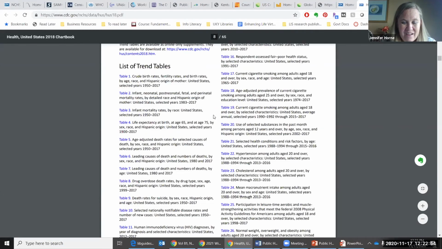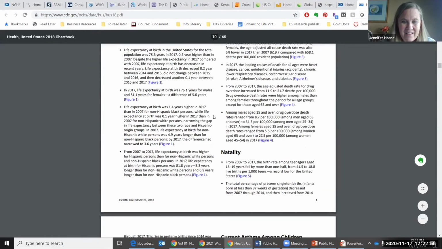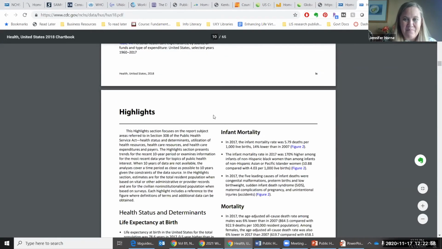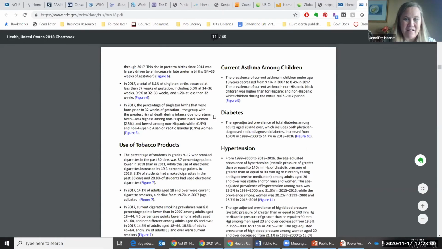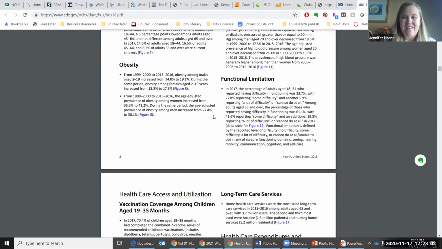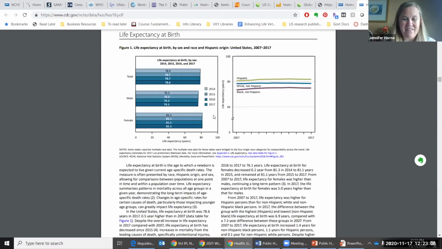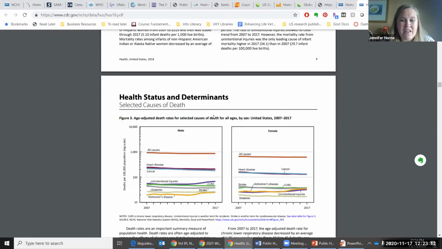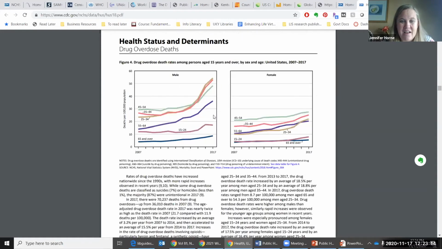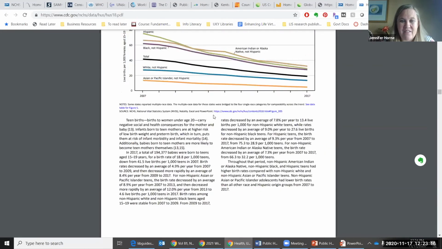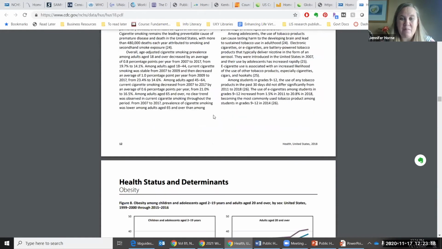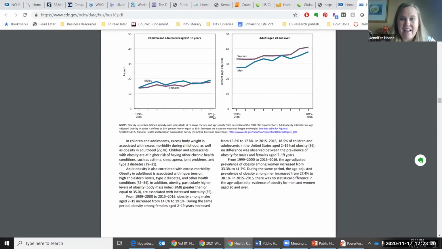You can see the highlights: asthma, diabetes, tobacco, obesity. Are things going up or down? Are they heading in the right direction or the wrong direction? Then they've got lots of charts and data sources, and this is pretty easy to read. This would be a great place to get yourself oriented to the types of statistics they collect.